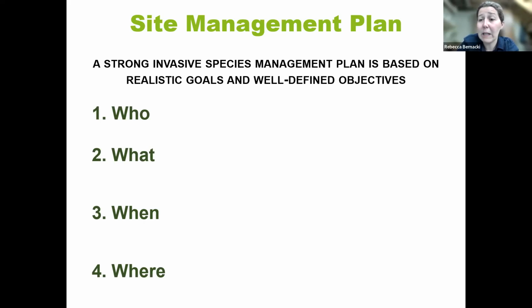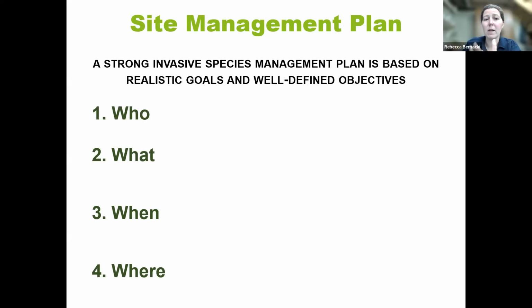We can greatly reduce the population of invasive species with one year of treatment, but very, very often, almost always in fact, follow-up treatments are going to be required. So when we get into this, we need to know that it's going to take us a few years to really meet our objective of getting rid of these plants.